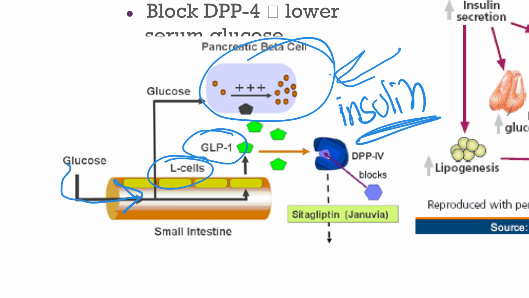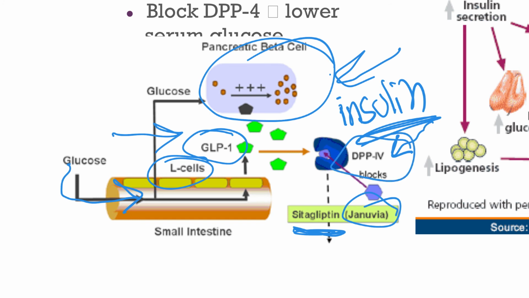So one class of medications, like our Januvia, sitagliptins, our gliptin drugs, those are called DPP-4 inhibiting agents. They inhibit the enzyme that breaks down GLP-1. The longer GLP-1 is in the circulation, the more insulin is secreted. So we have better control of glycemia. So we have DPP-4 inhibiting drugs like our gliptins.